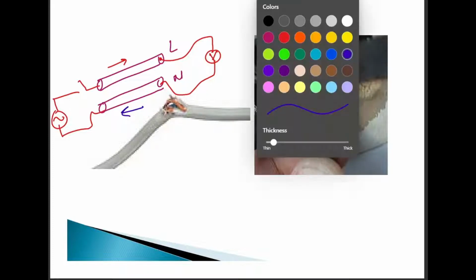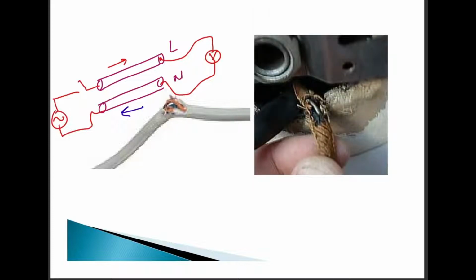Now, it's possible that when this insulation breaks down at this location, the breakdown may cause the live wire to be exposed at one point. It's not necessary that it's going to give you an electric shock, but we are anticipating beforehand that this may happen.